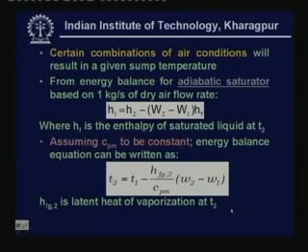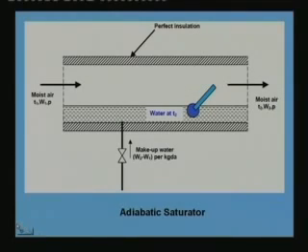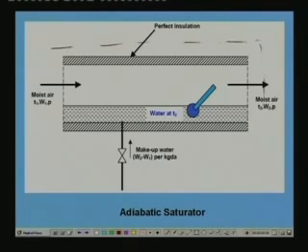Now, certain combinations of air conditions will result in a given sump temperature. From an energy balance for the adiabatic saturator, based on 1 kg per second of dry air flow rate, we can derive the energy balance equation. If you take this as a control volume and apply the energy balance, energy coming in equals energy going out.